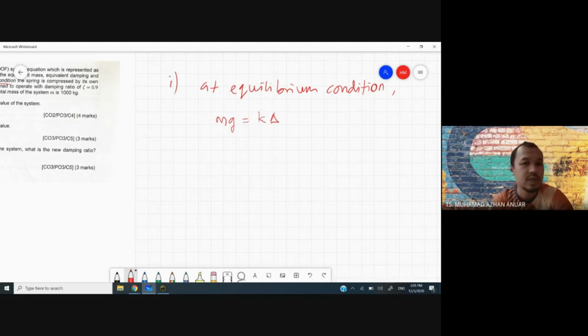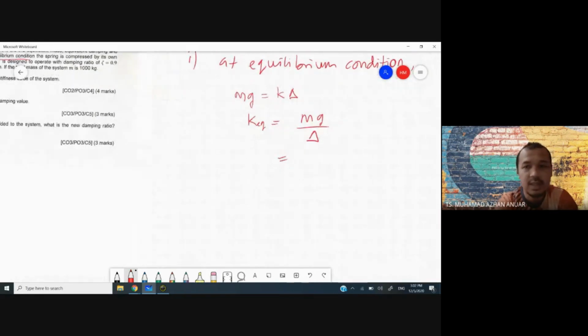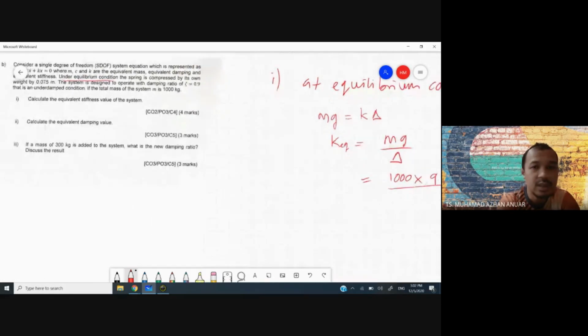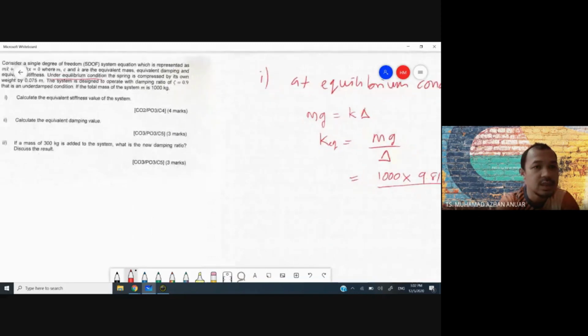If you still remember, at equilibrium condition, mg is equal to k delta. So in order for us to determine the k equivalent, you can use this formula to get the answer. If we substitute, what is the mass in this case? So you have 1,000 multiplied by 9.81 divided by the delta given in this question, which is 0.075.